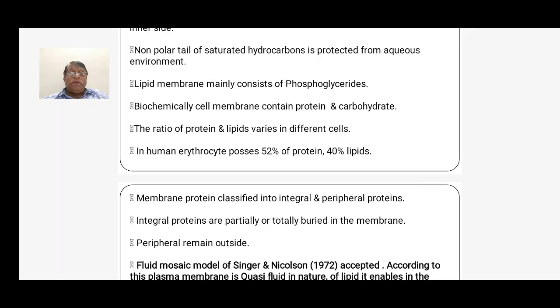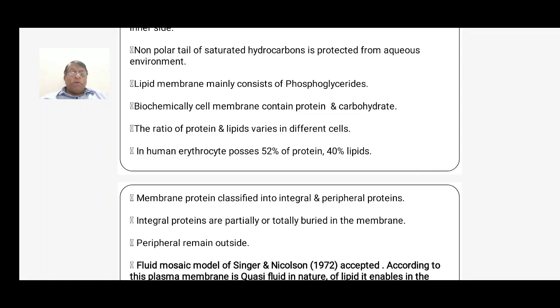Next, we know that there are proteins in the cell membrane. The proteins present in the cell membrane are classified into two types: integral proteins and peripheral proteins.